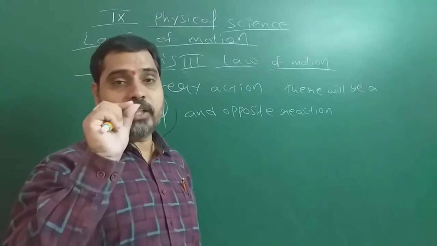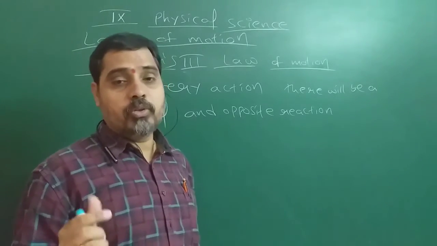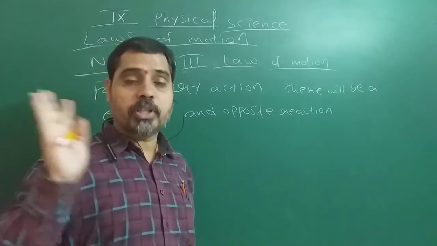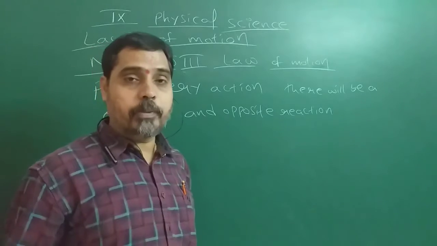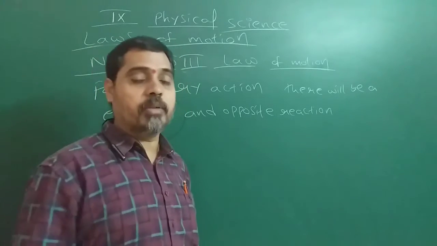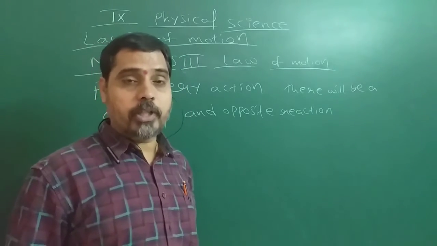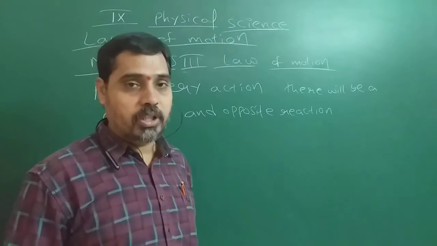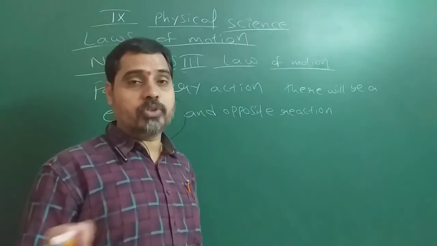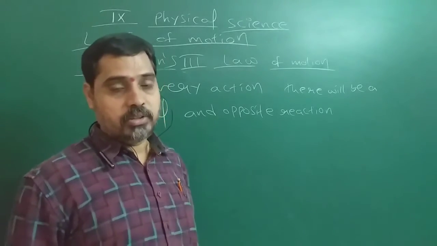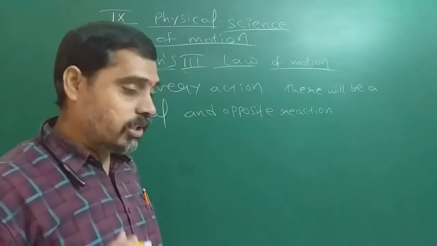Paired means they act as a pair. But on the same surface, two forces won't be applied. The action force is applied by the first body on the second body and the reaction force is applied by the second body on the first body. That means on the same body both action and reaction forces won't be exerted. So in this way we have Newton's third law of motion.